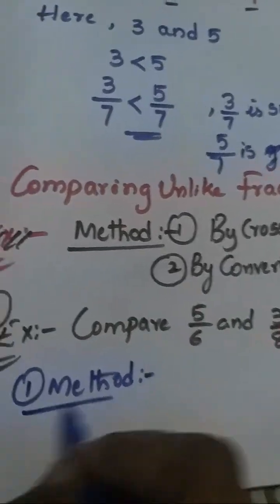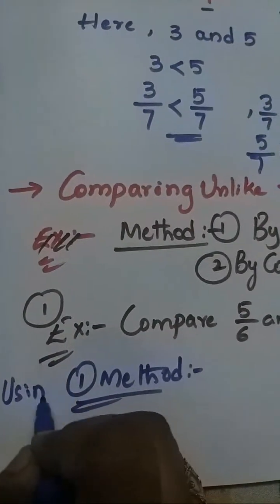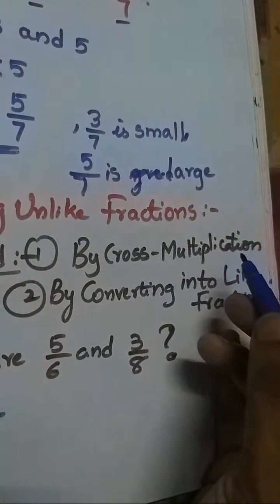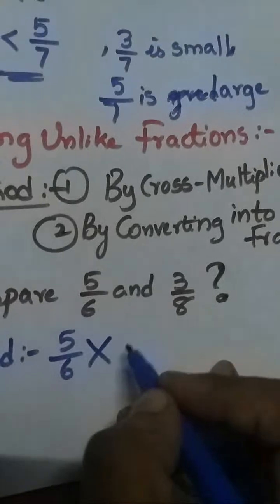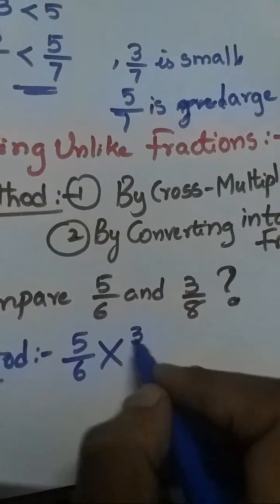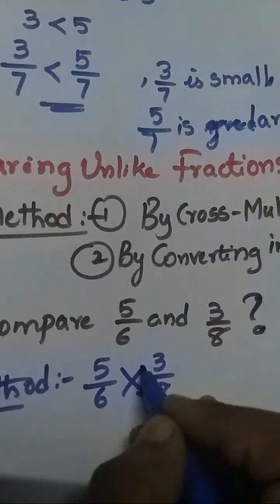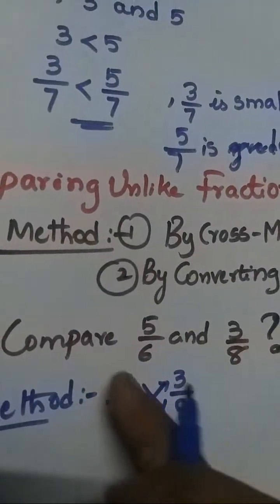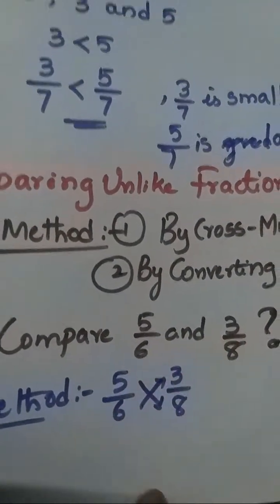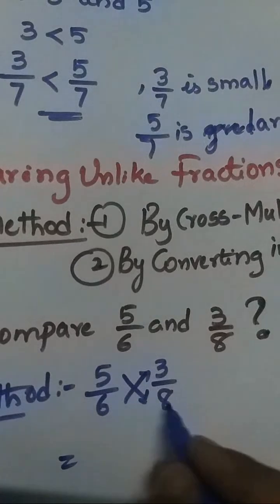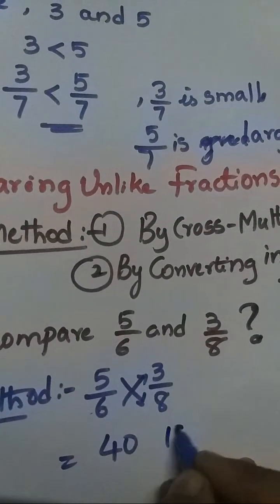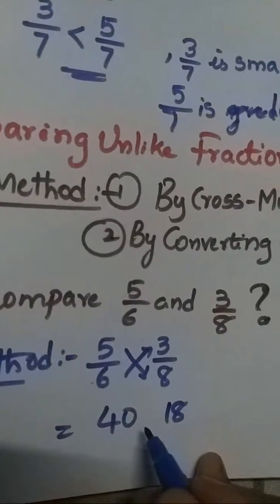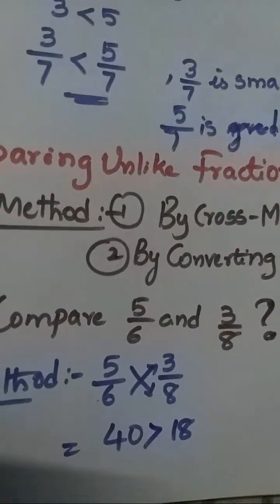that is cross multiplication. Using the cross multiplication method, 5 by 6 and 3 by 8, we have to cross multiply. 5 times 8 and 6 times 3, what do you get? 5 eights are 40 and 6 threes are 18. Then compare these values. 40 is greater than 18.